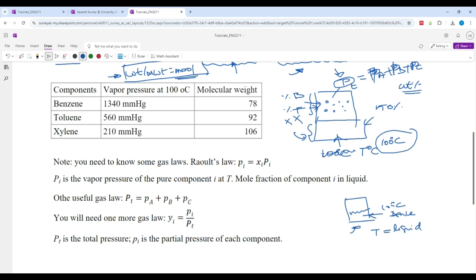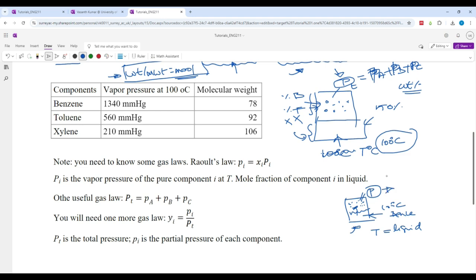If you maintain this whole system at 100, then this solution will partially vaporize and move to the gas side, or the vapor side. And if you put a pressure gauge here, it will show some pressure. We call this pressure the vapor pressure.